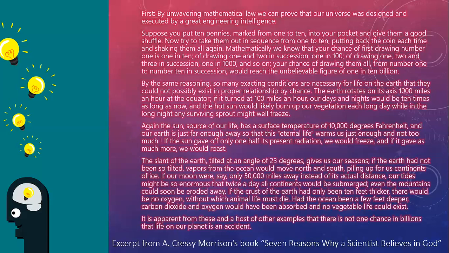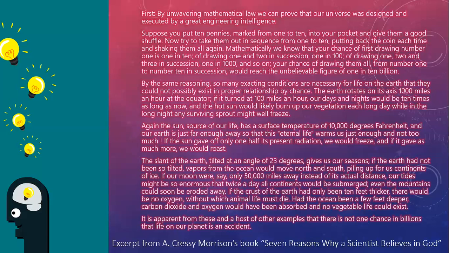What could possibly happen? According to him, the sun would likely burn up plants or vegetation because of the length of the day. Then in the times when the night is long, the vegetation would also die because the surviving sprout might well freeze. Okay, especially in areas where they have four seasons.